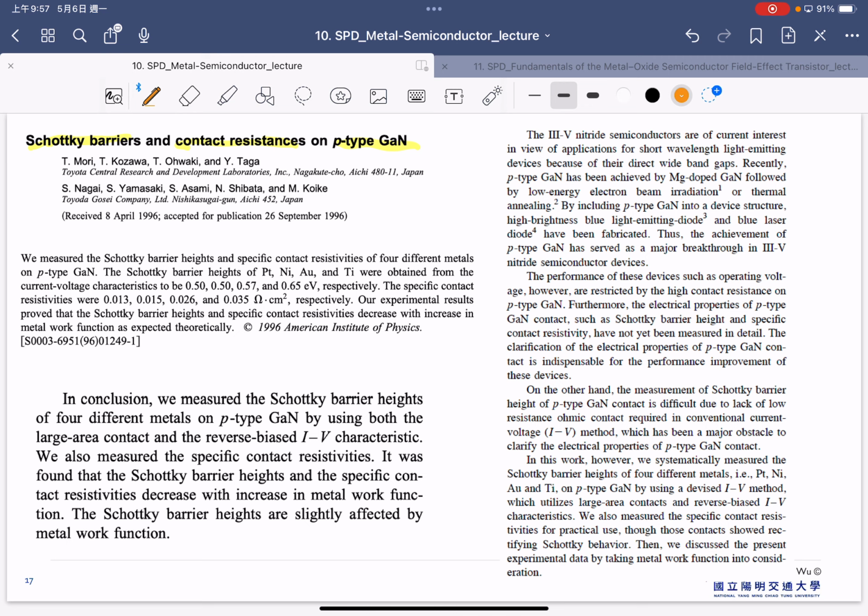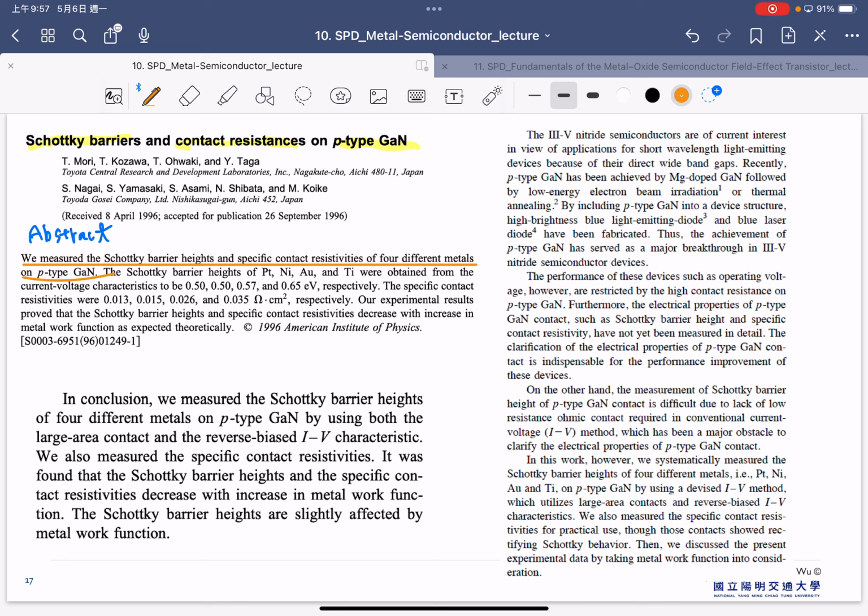So first of all, let's look at the abstract, so we can try to understand what this paper wants to tell us. This paper tells us that we measured the Schottky barrier height and specific contact resistance for 4 different metals on P-type GaN. From this chapter, we already know that the contact resistance and Schottky barrier height are highly related to the metal work function.